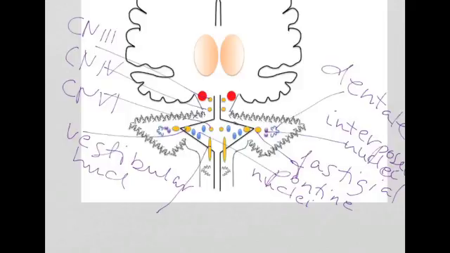These represent the reticular formation, so the reticular nuclei, and we don't go into specifics on that. And finally, we are down in the medulla, and this is where the inferior olivary nucleus is.